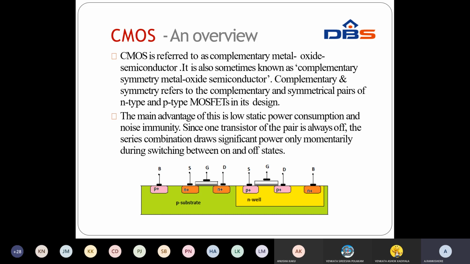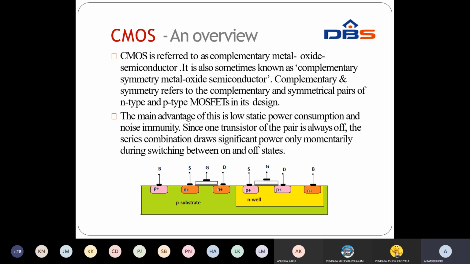In the same way, we have so many semiconductors within the electronic components. Whenever we add those semiconductors in a proper manner, that is in a P substrate with an N-well region and a P-well region, it becomes a complementary metal oxide semiconductor.